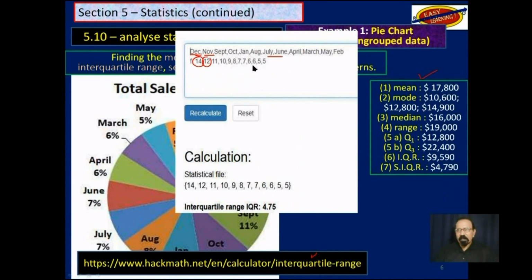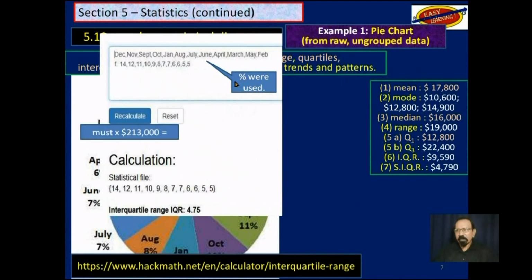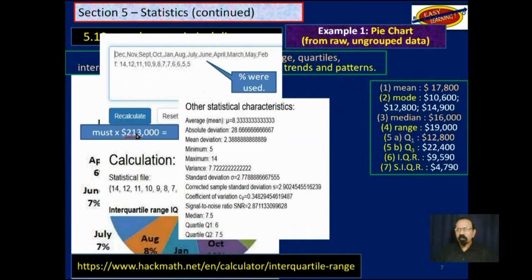I entered that information in the online calculator, pressed calculate, and since we are using percentage here, to match that with what we have over here, we will have to multiply the percentage by 213,000. As I said, we have to multiply by 213,000.